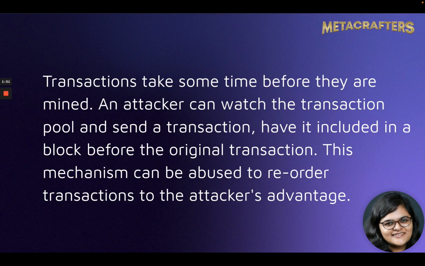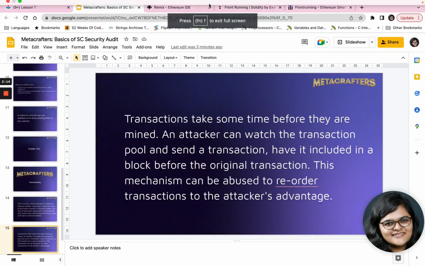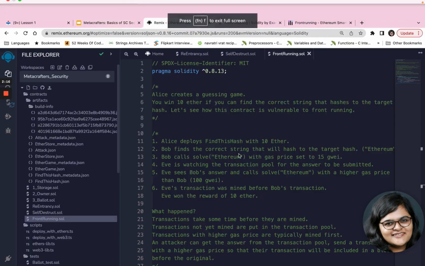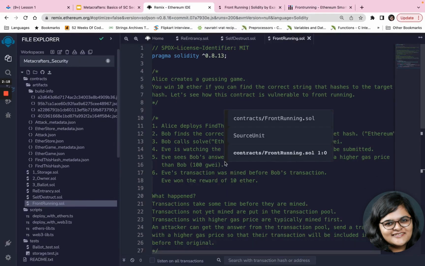So you see that it's a huge transaction and you see that it's probably going to give you an advantage if you do that swap before that transaction actually happens. So you manipulate the transaction order in such a way that you reorder the transactions to your advantage as an attacker.